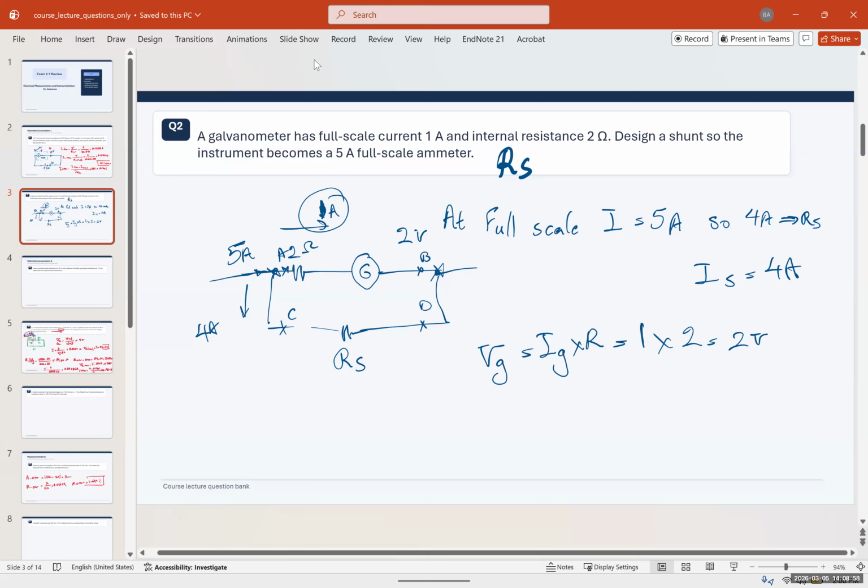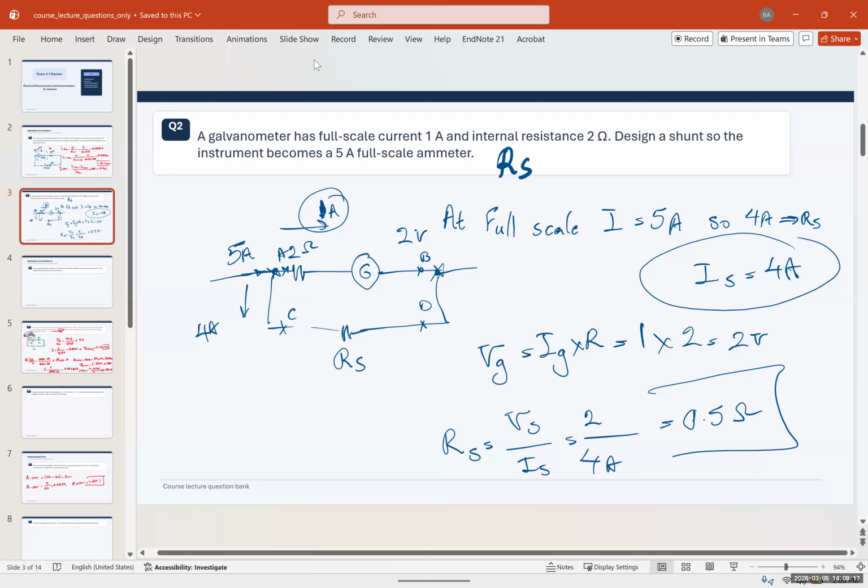So VG is actually VRS as well. Now, if I want to find RS, I can do it using Ohm's law, VS over IS. VS is 2 because it shares the same voltage, and IS is 4 amps. So this would be equal to 0.5 ohms. So the resistor of the shunt would be equal to 0.5 ohms.